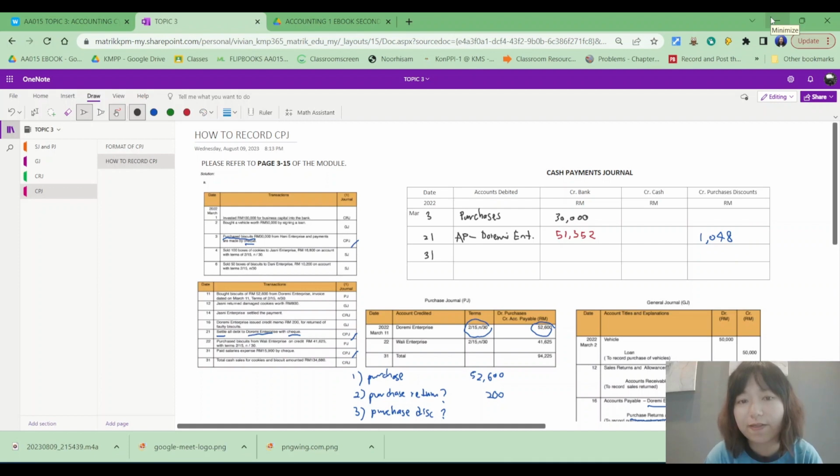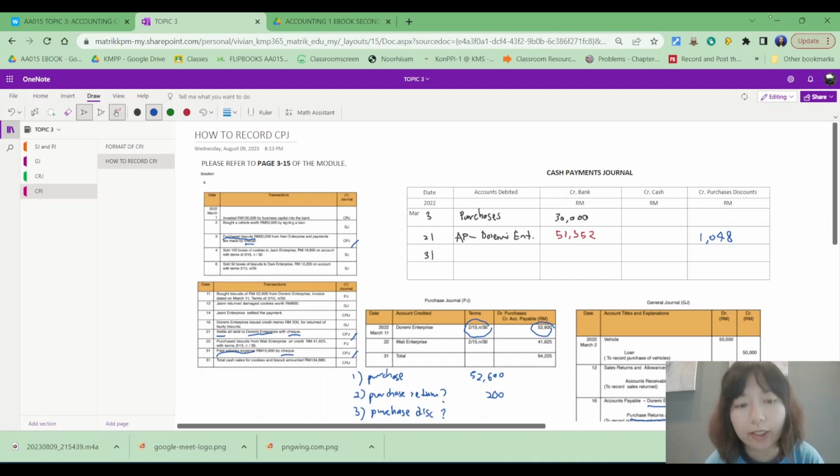Okay, lastly, the third transaction that should be recorded in CPJ, we have the transaction which falls on the 31st of March. So what we did was we paid salaries expense of 15,900 by using check.